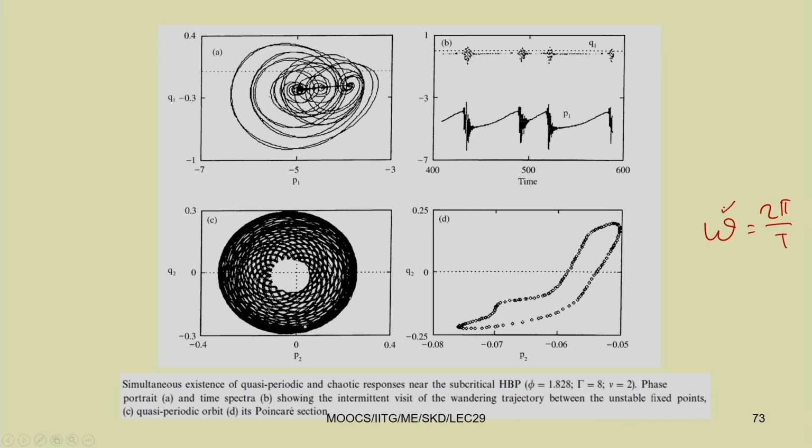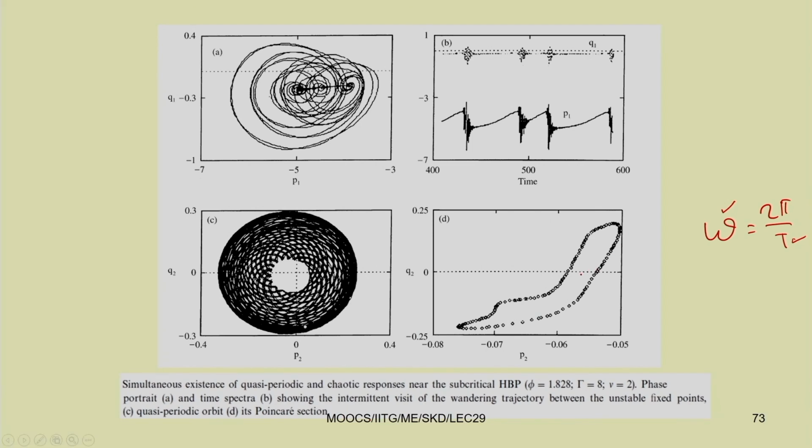You can get the FFT and see what frequencies are present, and taking the highest frequency you can find the lowest time period. Taking this time period you can sample the time response, and from that sample you can get all the points on the curve. If you plot all these points, then for a quasi periodic orbit it will be a closed loop.